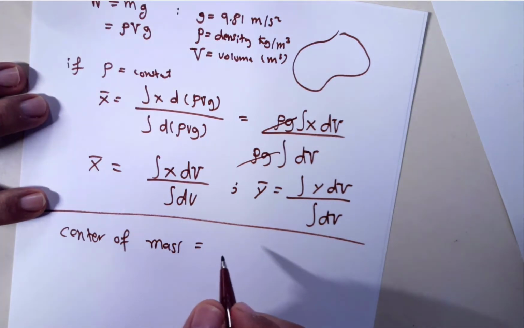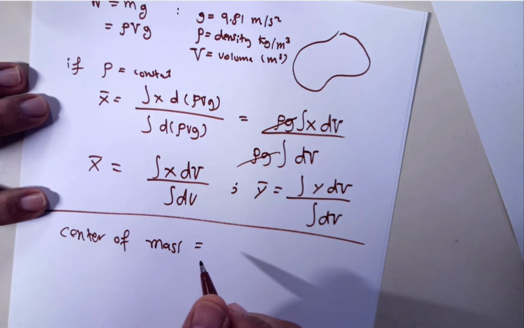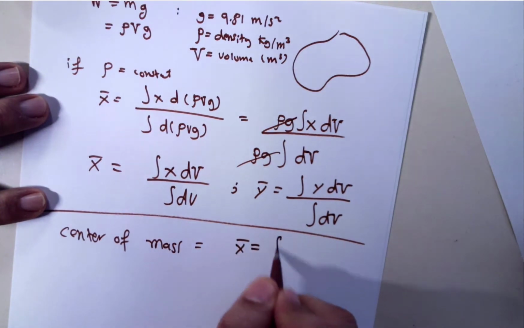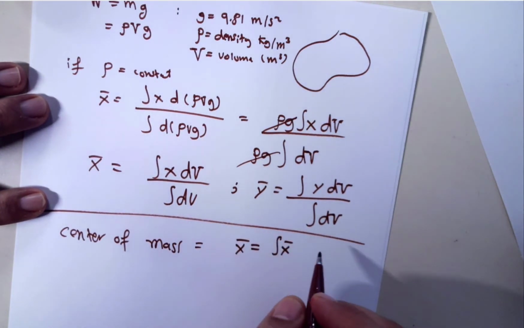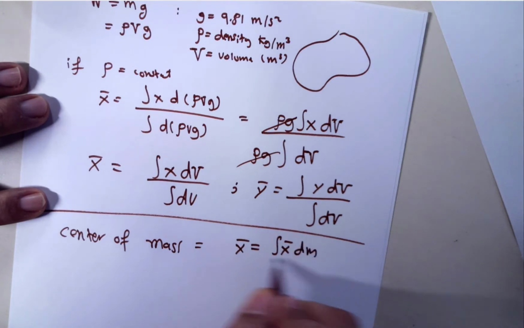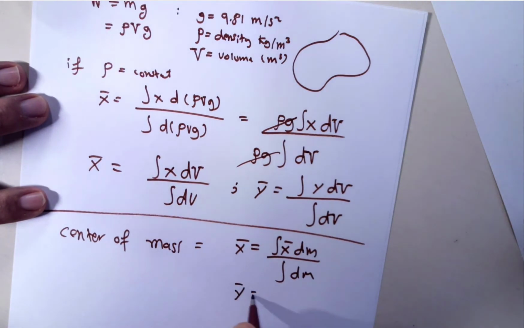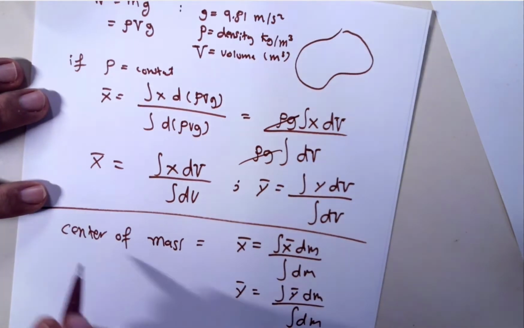The center of mass is calculated from the following formula: x bar equals x dm over dm, and y bar equals y dm over dm. Now this is center of mass.